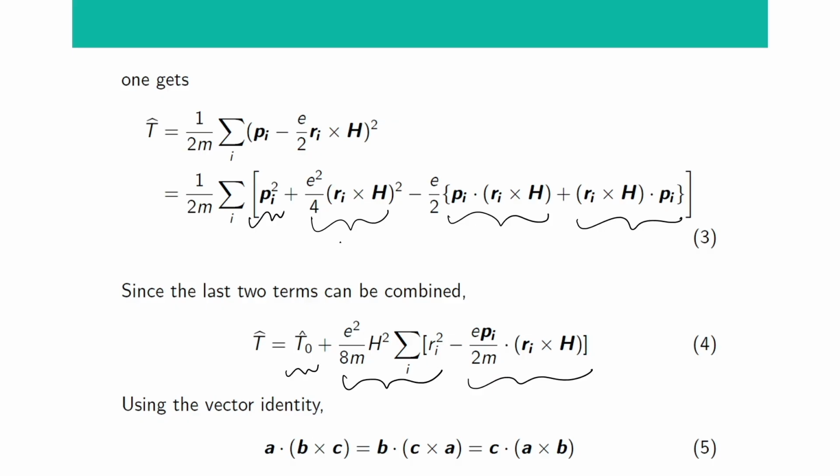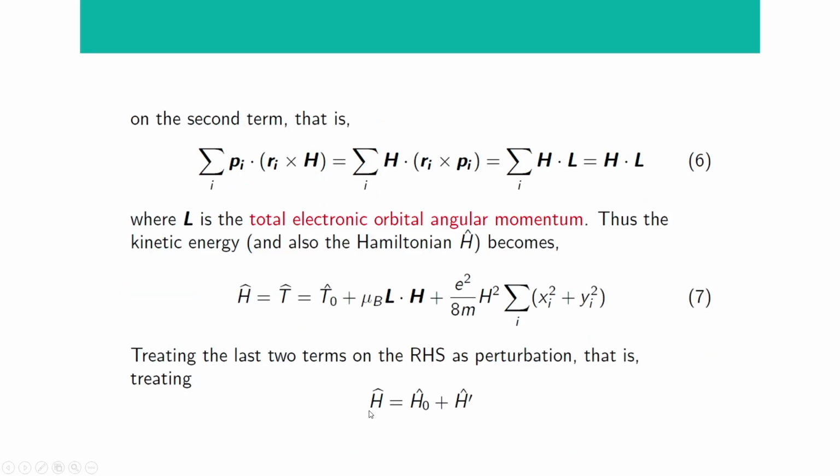This is the correction that is coming from this term that you see up there, and then these cross terms are put in here, where now we can use a vector identity with A dot B cross C, where P is A and R is B and H is C, and can use this identity to write this equation as P_i dot R_i cross H equal to H dot R_i cross P_i, and R_i cross P_i is nothing but L, which is the angular momentum or the orbital angular momentum.